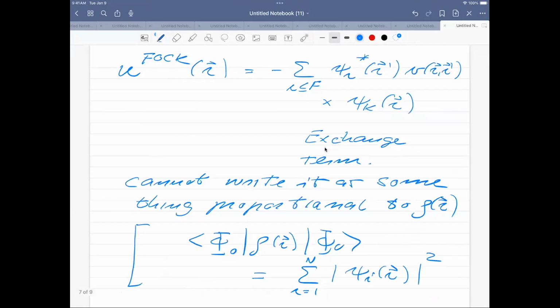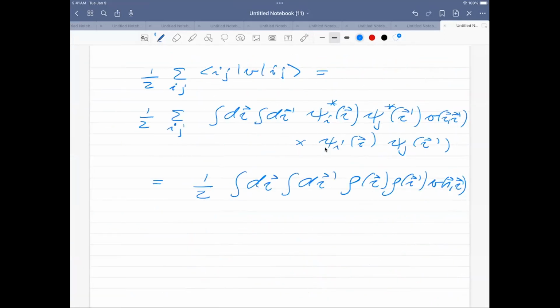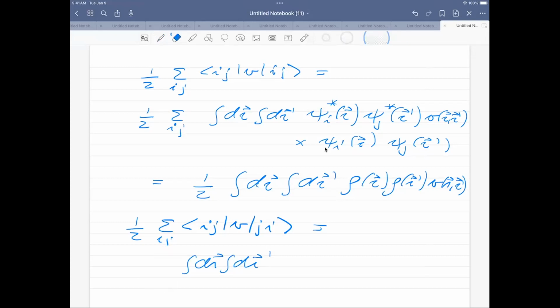Now, the thing which complicates life for us is obviously the exchange term. So the exchange term, when we set up the expression for that one, ij v ji, you can see now that this is something which we cannot split up into something which depends on the densities here. And there is a sum. Let me just correct that one a little bit.